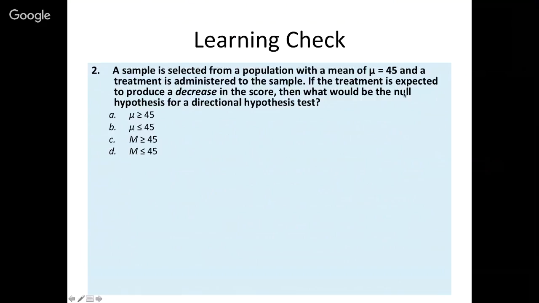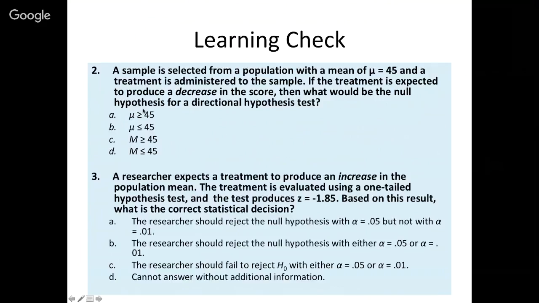Here we ask about the null hypothesis, and we are talking about the population mean, so it's not C, not D. If we don't have a decrease in the effect, the mean will be equal or greater than the original mean. So the null hypothesis is equal or greater than the original mean. So it's A. Right, second question.